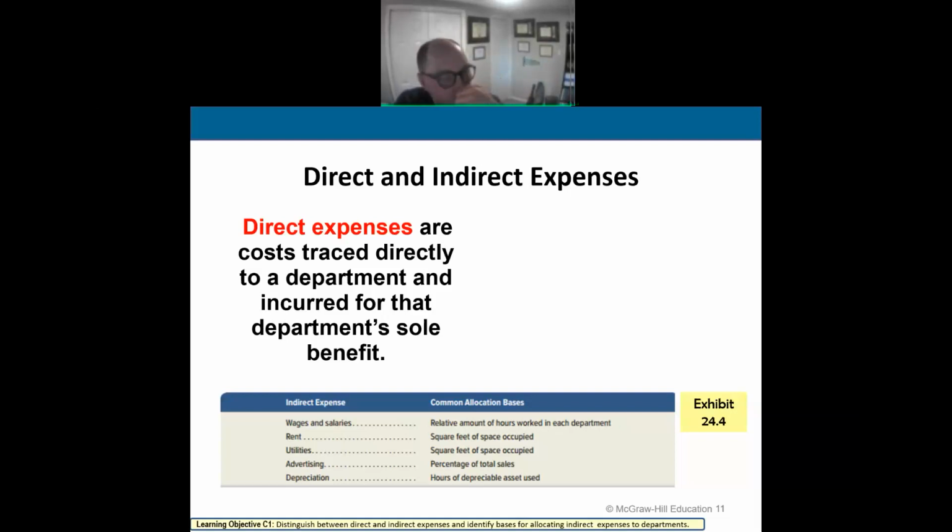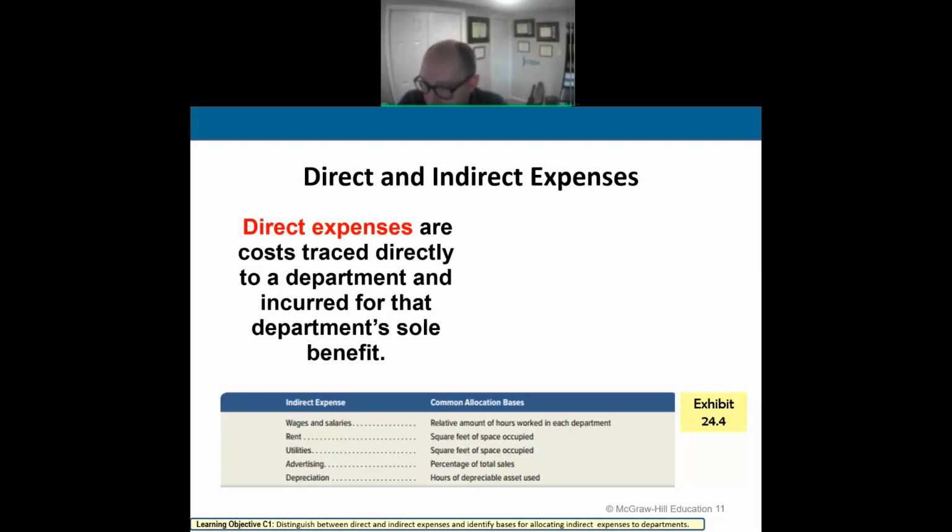An example: I can directly trace the cost of each piece of jewelry that is currently available for sale in the jewelry department. I know how much every ring, bracelet, necklace, and costume jewelry costs. I can trace those costs directly to the jewelry department.